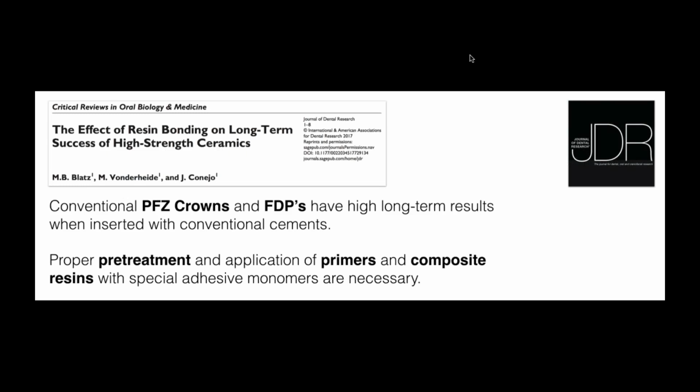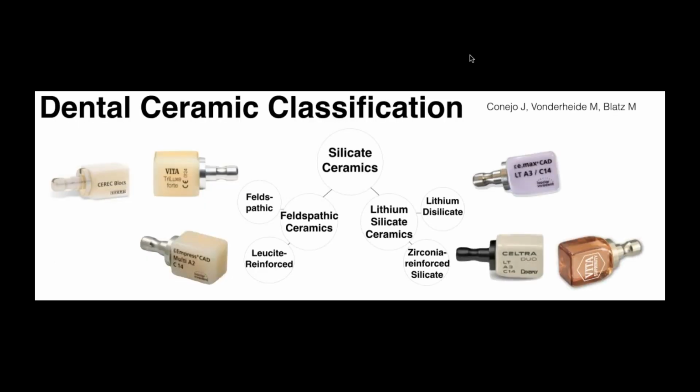But if we want to start using the oxides like titanium oxide and zirconium oxide with Ti bases and zirconia implant crowns, or less invasive preparation designs like overlays, wherever you want to use zirconia in a less invasive approach, not a full coverage crown, we do need to go through the APC concept, or make sure that your universal cement has the MDP component within the cement.